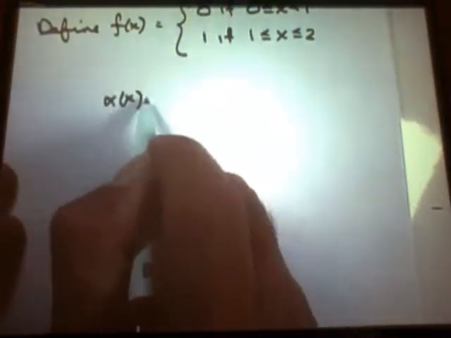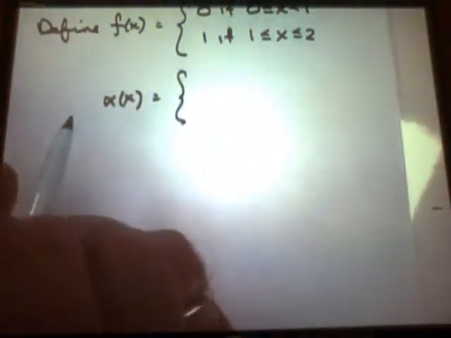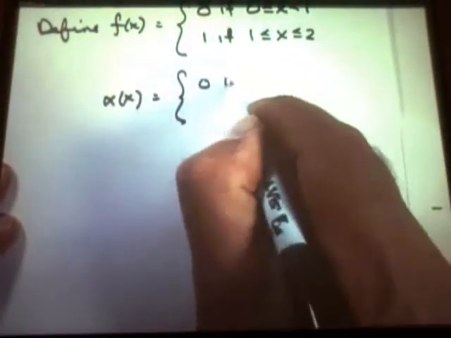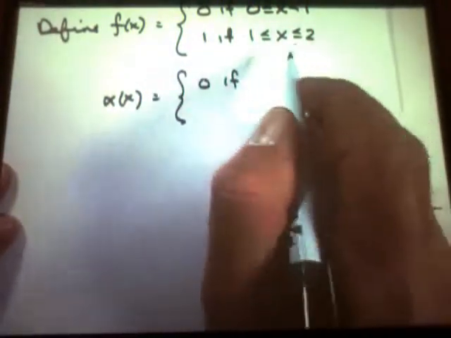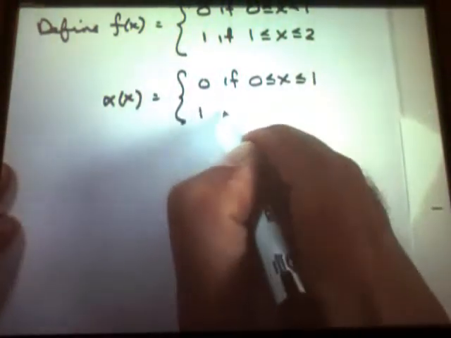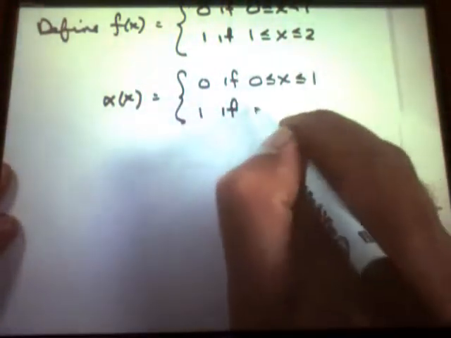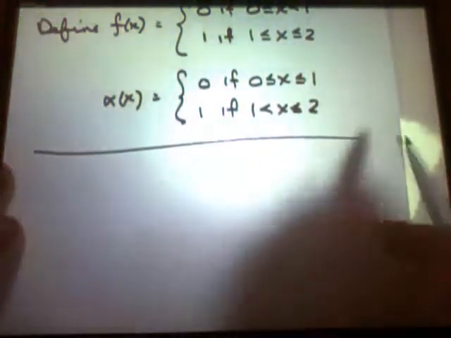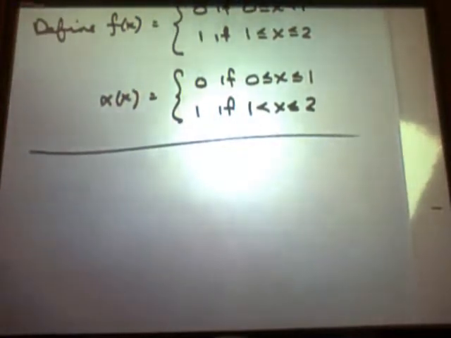And the weight function is going to be 0 if x is between 0 and 1 included, and 1 if x is strictly greater than 1. Oh, this is one of these diabolical examples.